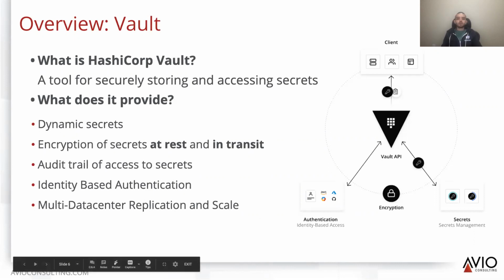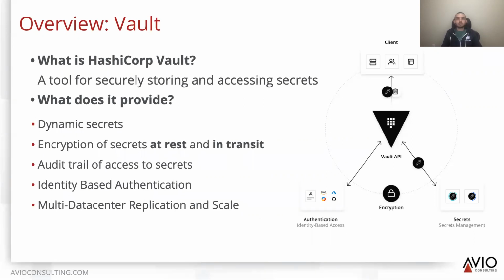Vault allows you to generate dynamic secrets on demand for systems such as SQL databases and AWS. So yeah, we can get dynamic credentials from AWS. It provides encryption of secrets at rest and in transit, and provides a full audit trail of secret access, like who accessed what, when, right?